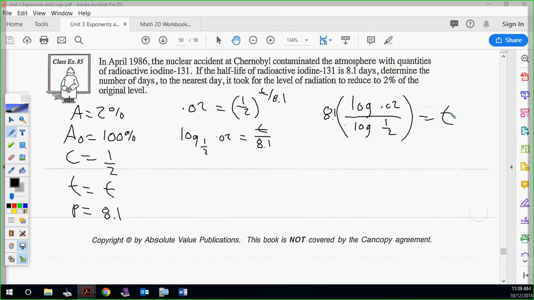Always change the base to calculate these. And that gets you 45.7. So we're going to say 46 days for the radiation to decrease to 2% of the original level.